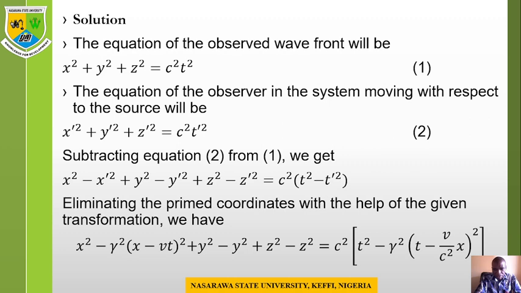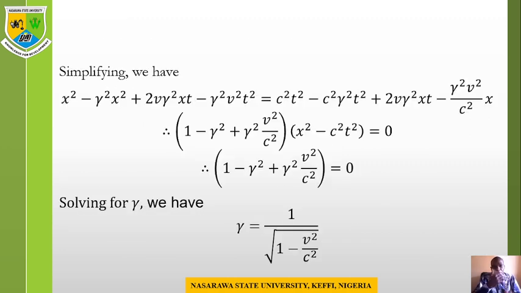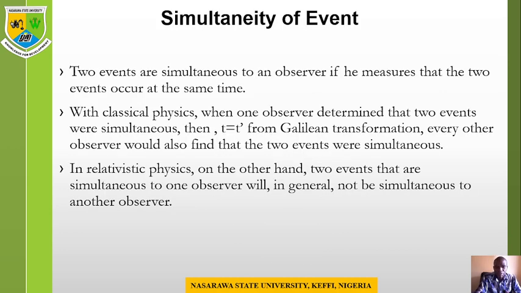Then by simplifying, using binomial expansion, if you solve correctly, you arrive at the final result, in which gamma equals 1 over the root of 1 minus v squared over c squared. You can check that, you can solve mathematically. I think the mathematics there is easy to apprehend.